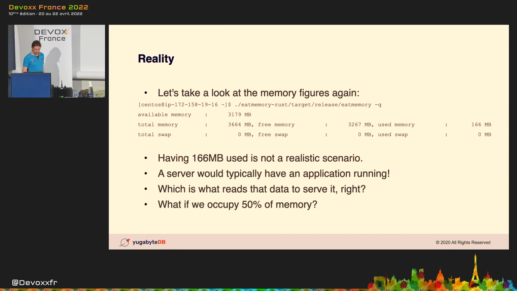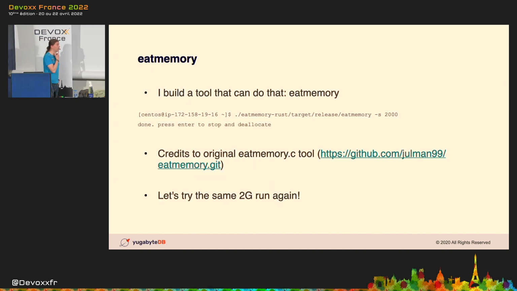And for that sake, I created this tool, Eat Memory, which I described previously. It's a really simple Rust application. What I do is I simply create a vector, so an array essentially, and I fill it with zeros, which means that I'm paging in the memory. Allocation doesn't do anything. Linux lies to you if it allocates something.